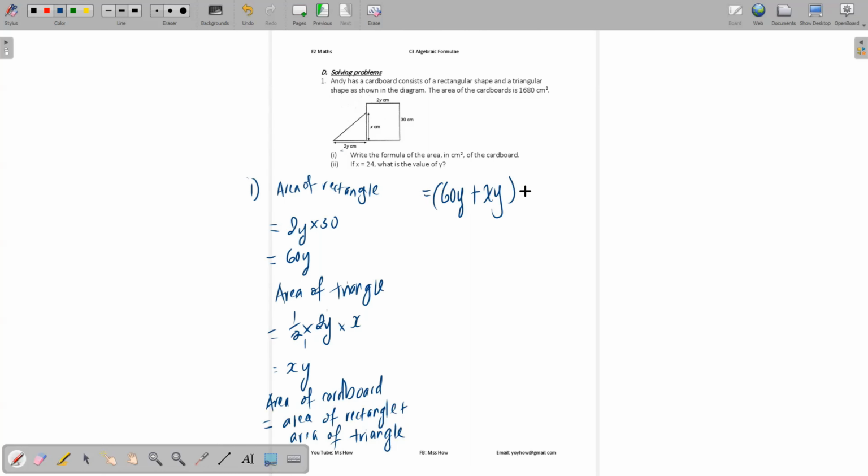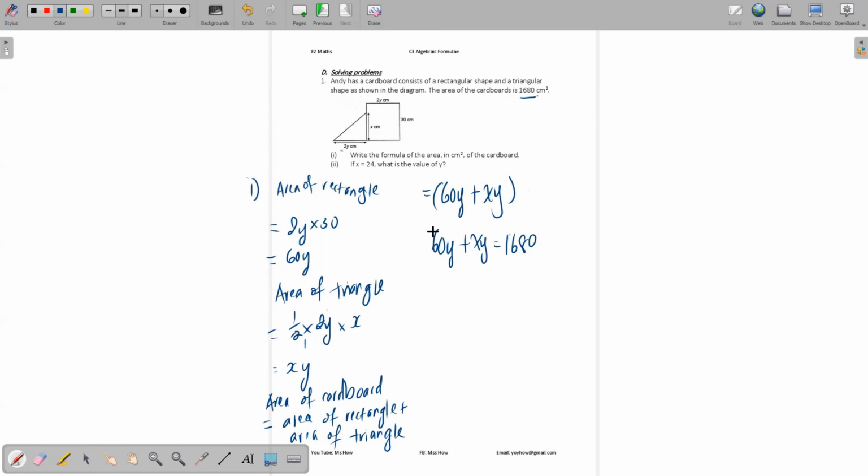But look at this, they also give you 1680, right? So we have to make it as an equation first. So 60y plus xy equals to 1680. All right. Okay, so then this is our formula.